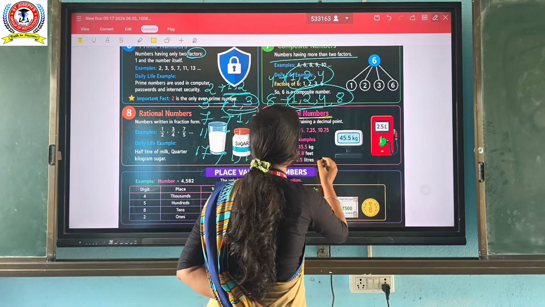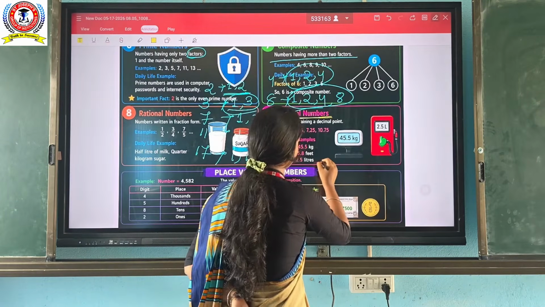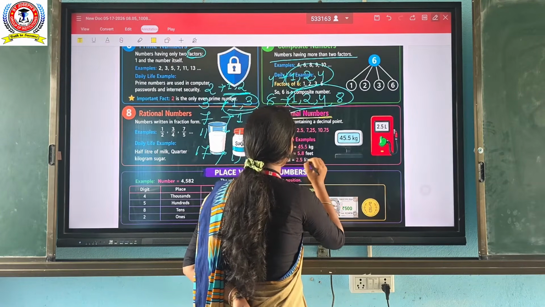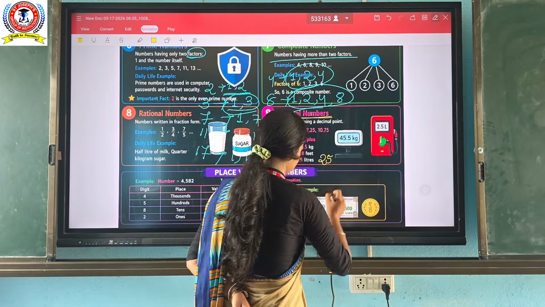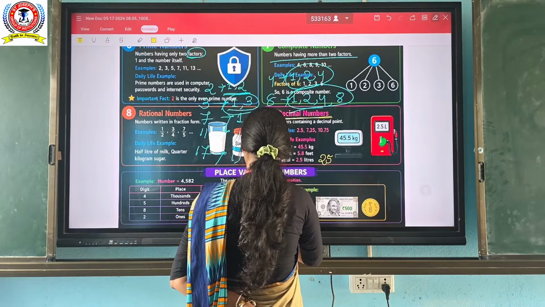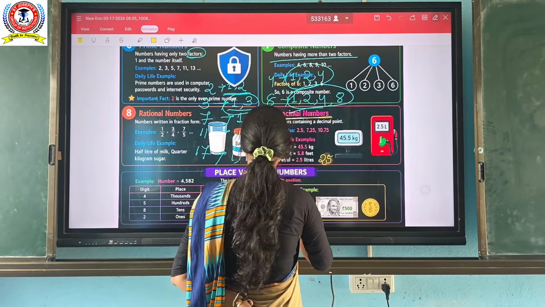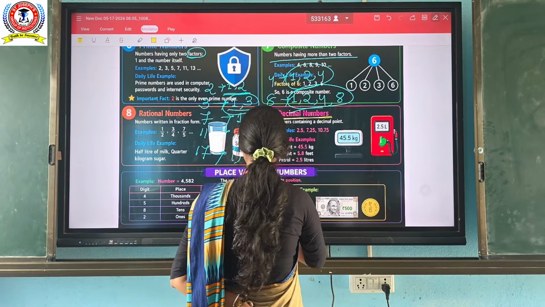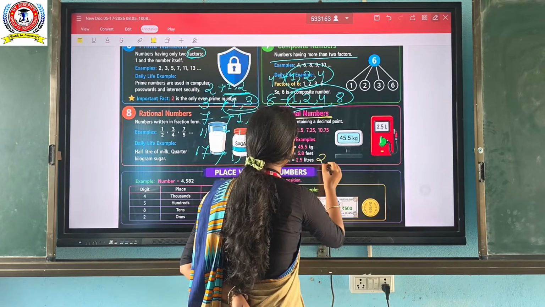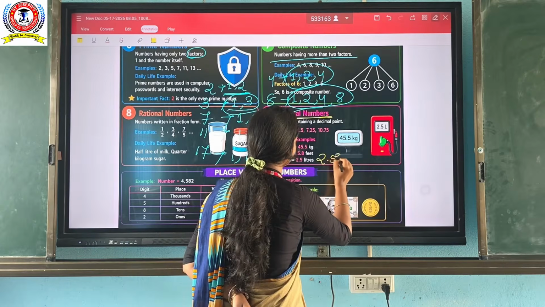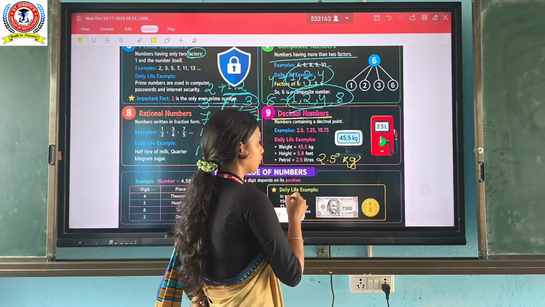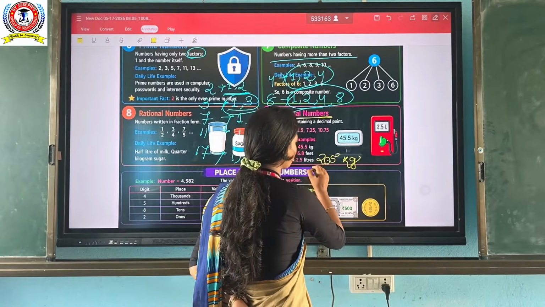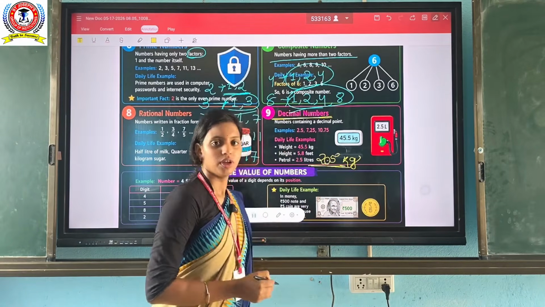So you go to the market and bring some potatoes whose weight is 2.5 kg. So what does this 2.5 kg refer to?